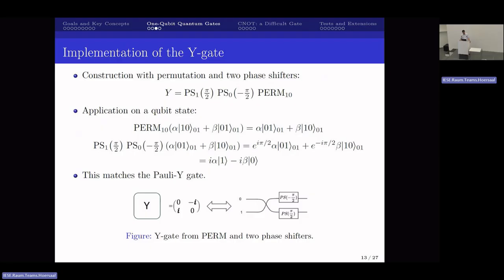On one mode, you apply a phase shifter with parameter pi over 2, which introduces the i component in the matrix, and on the other one, you put a phase shifter with minus pi over 2, which gives you the minus i in the matrix.